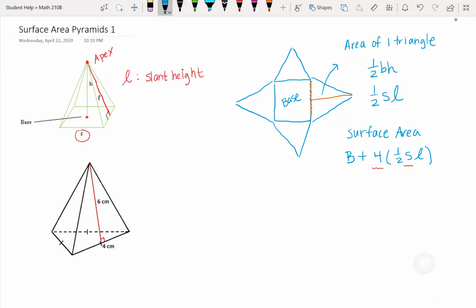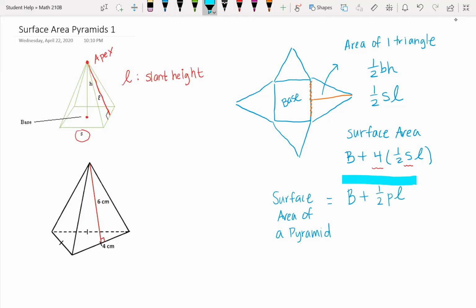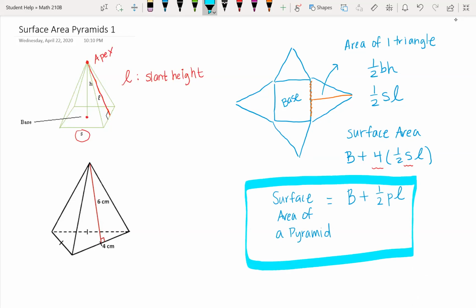So the general formula that we're going to use for surface area of a pyramid is the base plus 1/2 the perimeter times the slant height. The pyramids that we're going to be talking about are going to have regular shapes as their bases. So this is the formula that we're going to use.